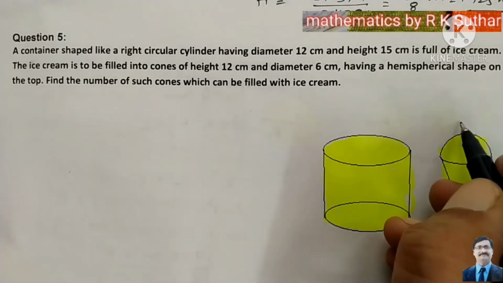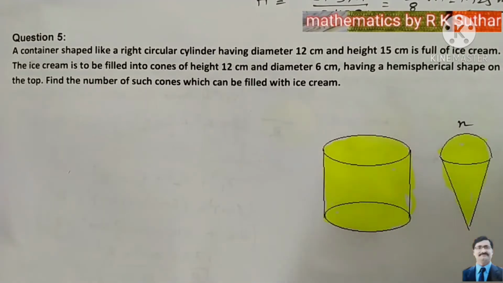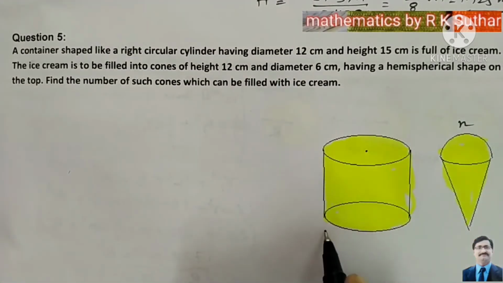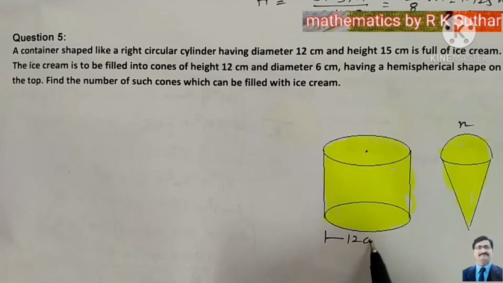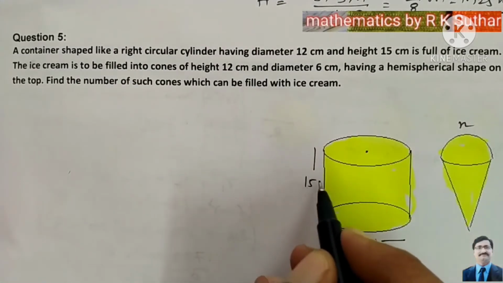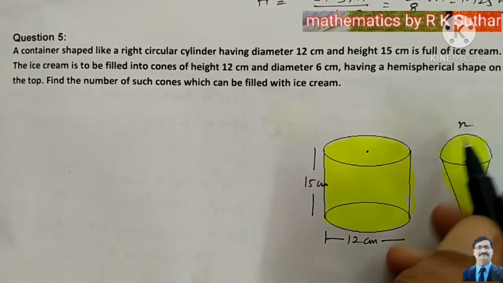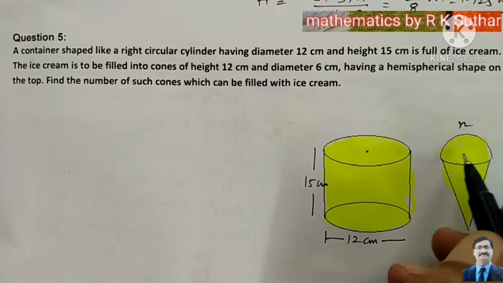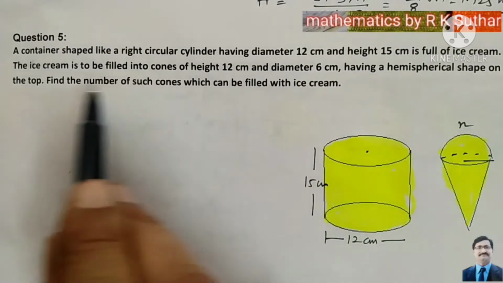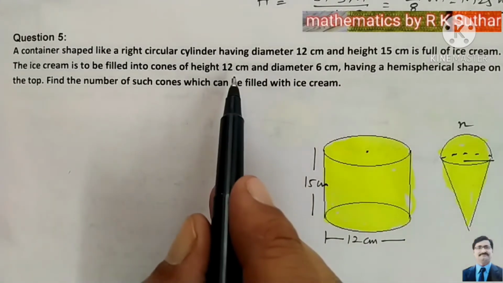Look, the number of cones we can call n here, and this is a cylinder. First of all, the diameter of the cylinder is 12 centimeter and the height of this cylinder is 15 centimeter, we can write here. And this is a hemisphere, and this height is 12 centimeter.